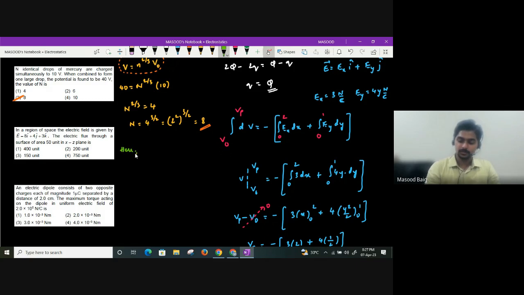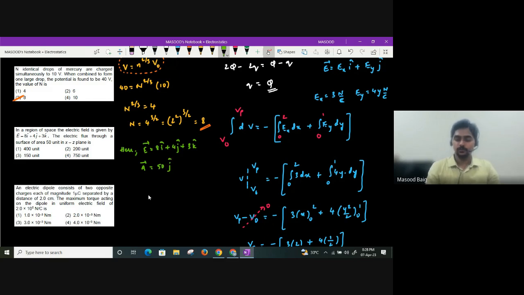So here, what is our electric field vector? We got it as 8 i cap plus 4 j cap plus 3 k cap. But what is the area vector? The surface is lying in XZ plane. Area vector will always be perpendicular to the plane in which the object is present, or not, guys. So what will I get? I will get it as 50 j cap.